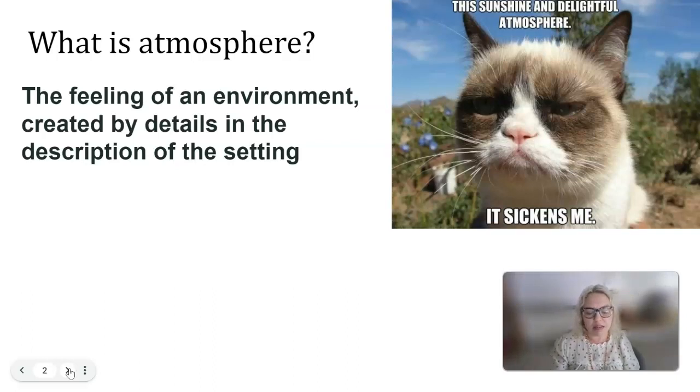So it makes sense that the setting, the environment of a text, is what establishes the atmosphere, right? And so that's really what we're focused on when we're looking at atmosphere. We're looking at how this place and time and all the things in it are described, and what kinds of feelings are created in it.